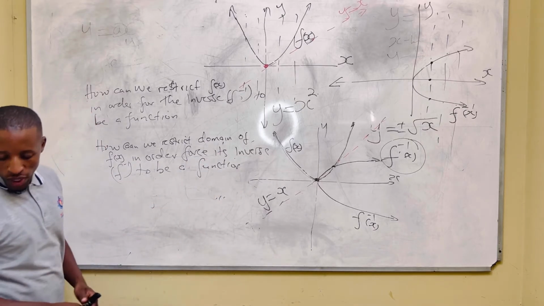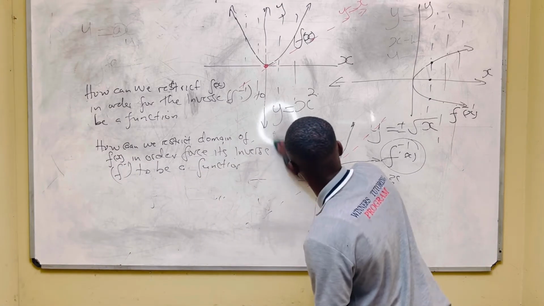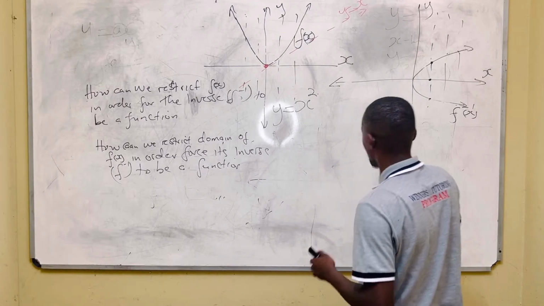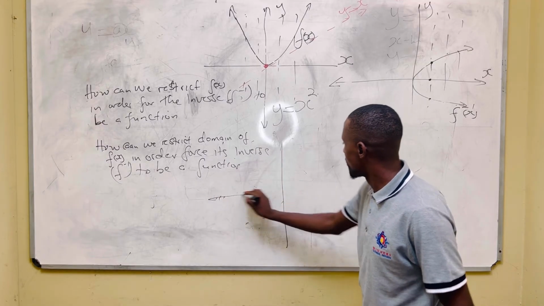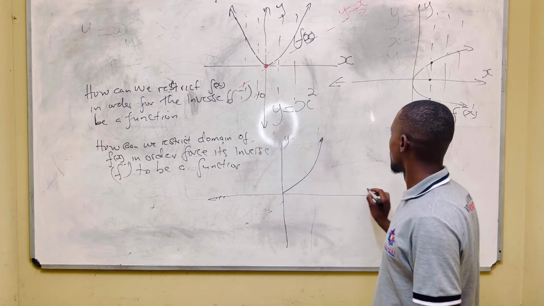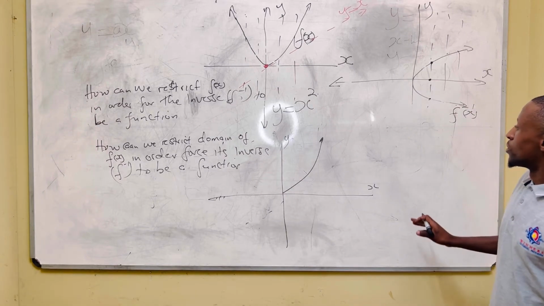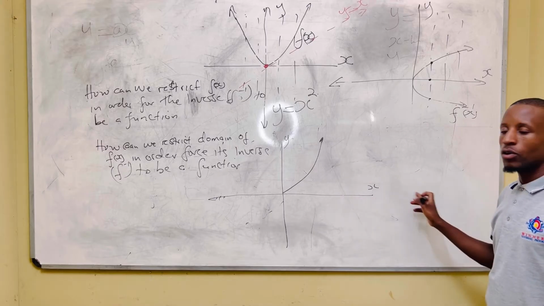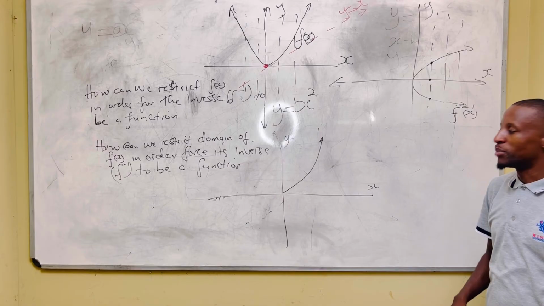Yes. So what we can do is, let me erase this part. If we make this original function only have one arm, remove this other arm, then its inverse will also have only one part. It will make it become a function.